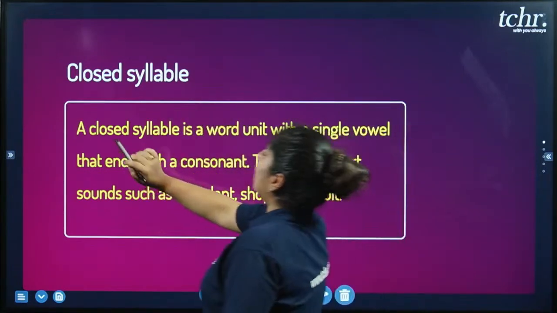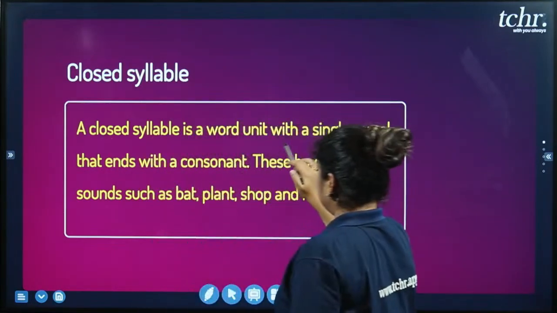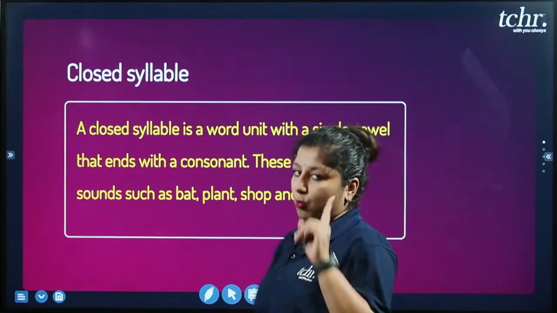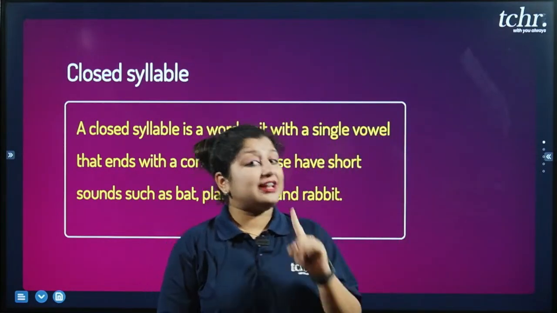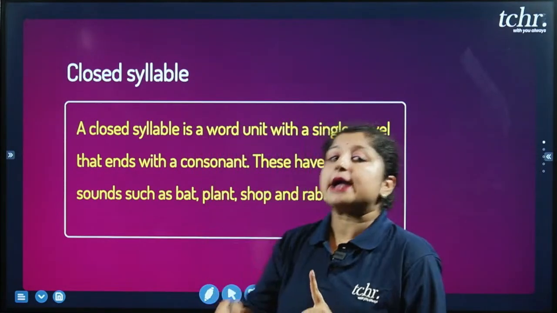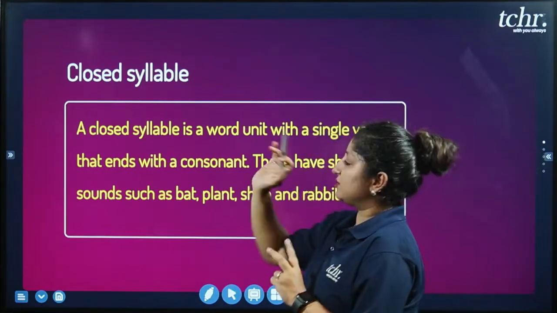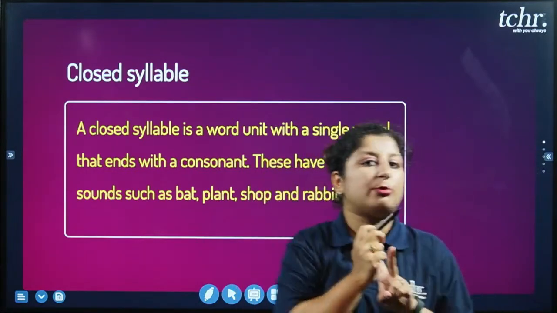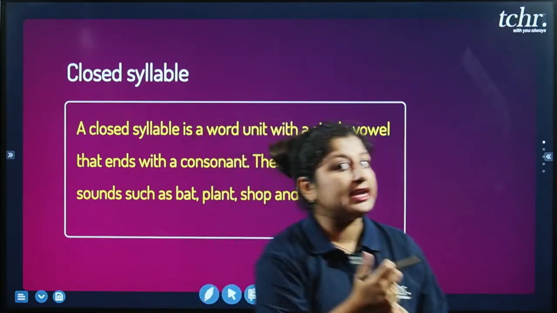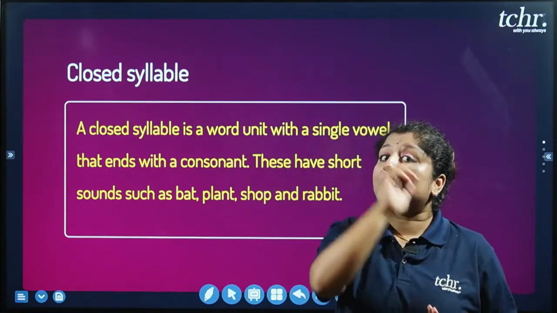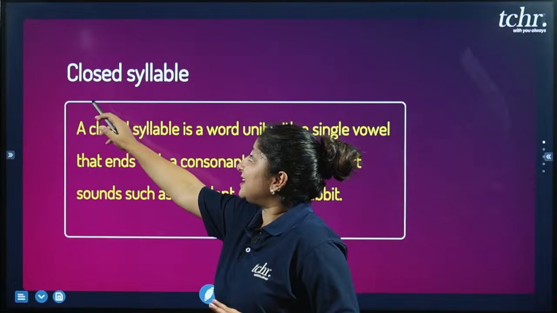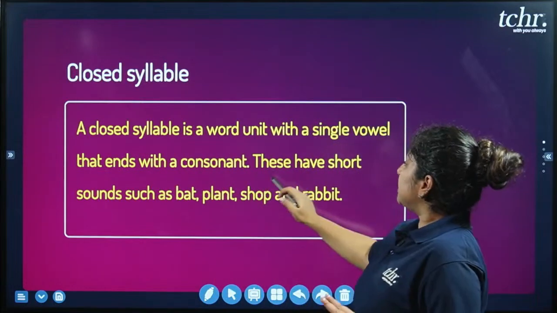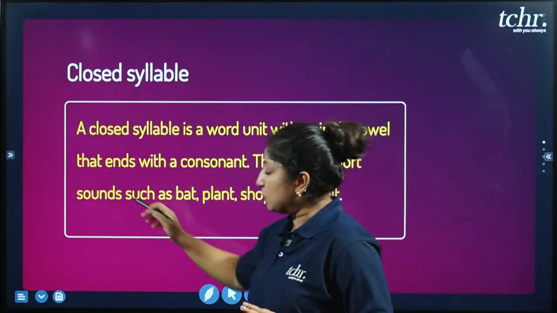Closed syllable. A closed syllable is a word unit with a single vowel. Keep in mind, if there is a single vowel in a word and it ends with a consonant, what are we calling that? We're calling that a closed syllable. These have short sounds.